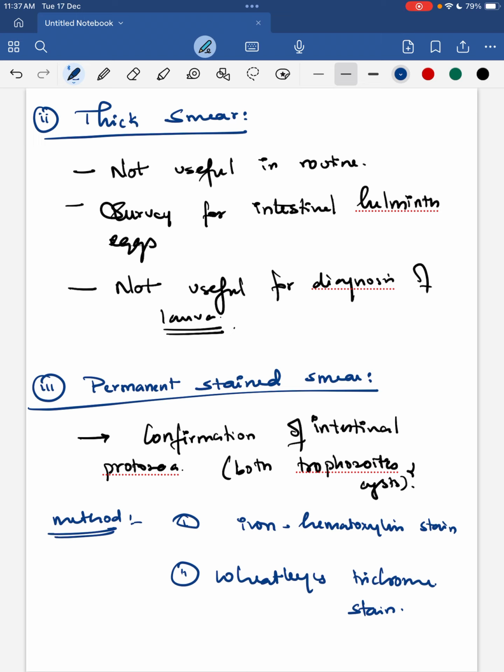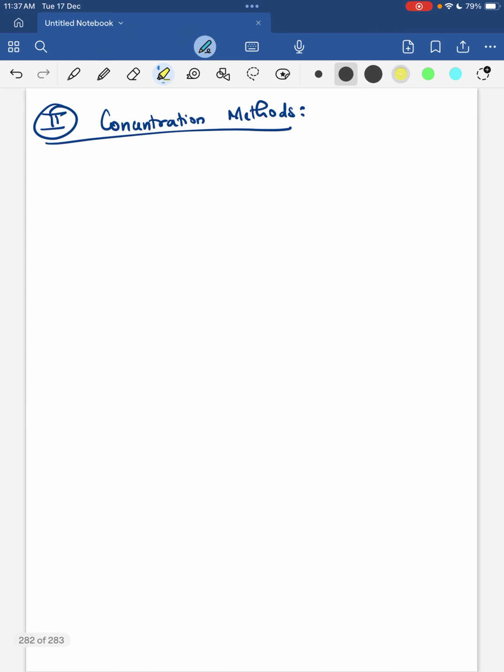Yes. Coming to the second method, that is your concentration method. For what do we use concentration method? Only when the parasites are very scanty in the stool or routine examination fails to detect. So when the parasites are very less in number in the stool, then we use a concentration method to detect them, because while doing a routine examination you can't find the parasites there.